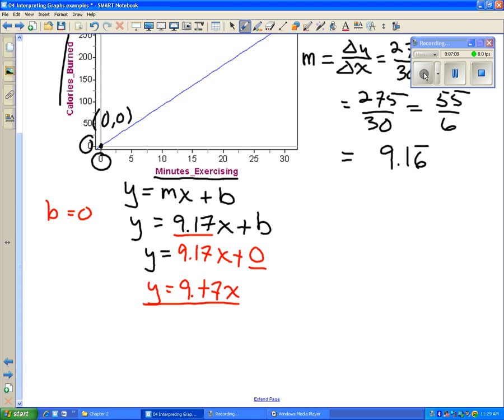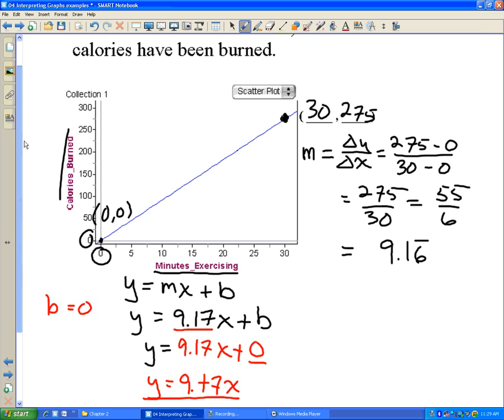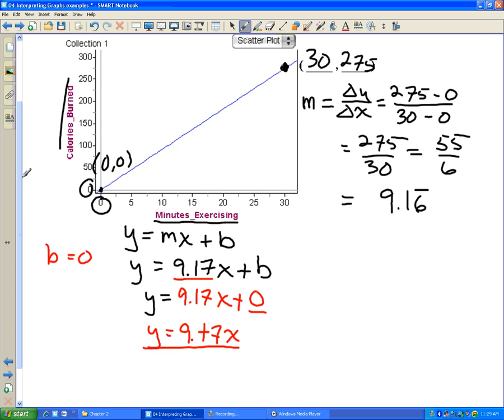What are my meanings? Well, let's go back to this over here where we talked about this was 275 calories minus 0 calories. So this was calories on top, and I divided by minutes. So this is 9.17 calories burnt per minute.